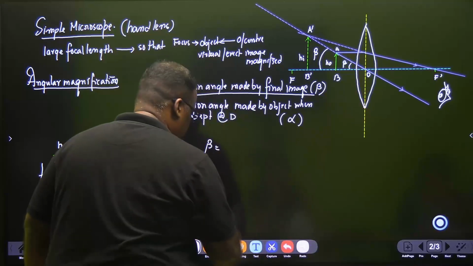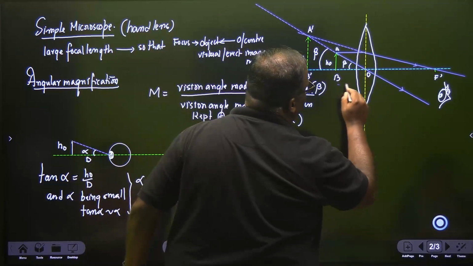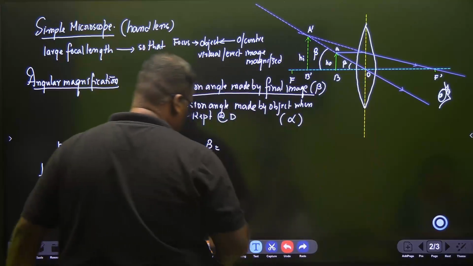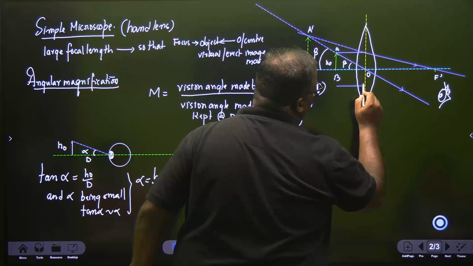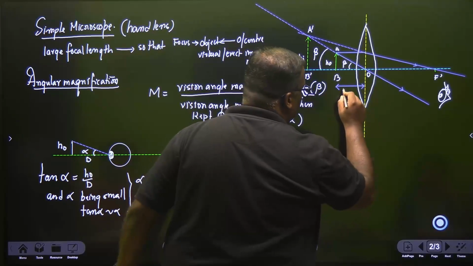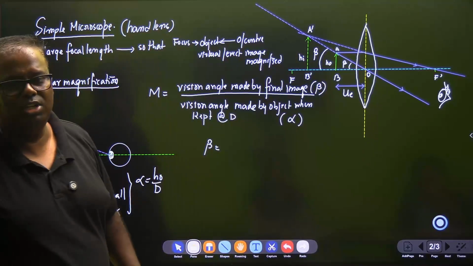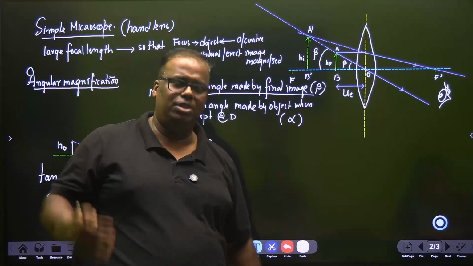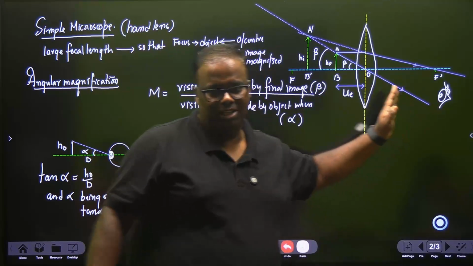Now, how much is this distance? This is the object distance. This distance is the object distance. Do you agree or not? And the object distance I am mentioning as UE. Now you may say, why did you put an E? Keep it. It will help me in the compound microscope. You can think that E stands for the eye. Simple like that. Okay.